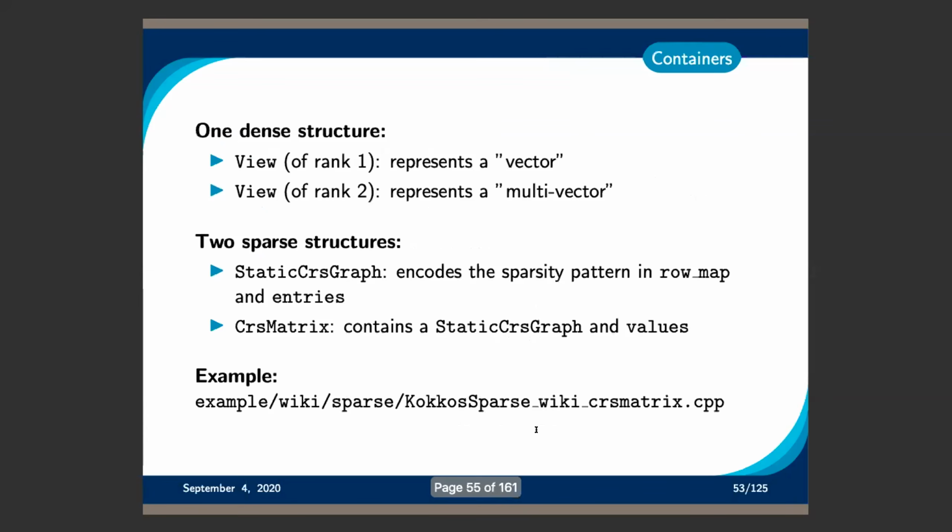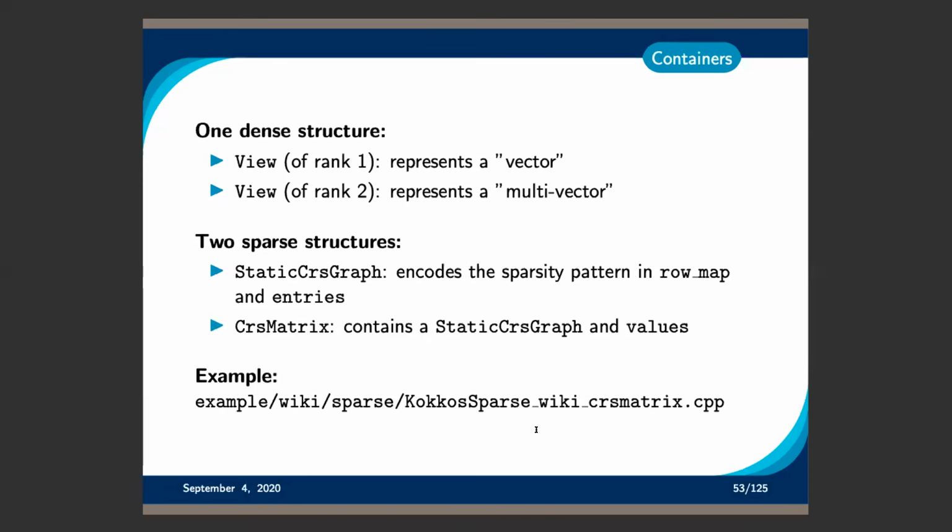Okay, so now I'm going to talk a little bit about the containers or the type of data structures that we use for sparse linear algebra. So typically we have one dense structure, and it's representing vectors or multi-vectors, and that structure is just a view of rank 1 in the case of vectors and a view of rank 2 in the case of multi-vectors. And again, when I talk about vector or multi-vector, this is a concept, like the actual data structures you use in your codes are views of rank 1 or 2.